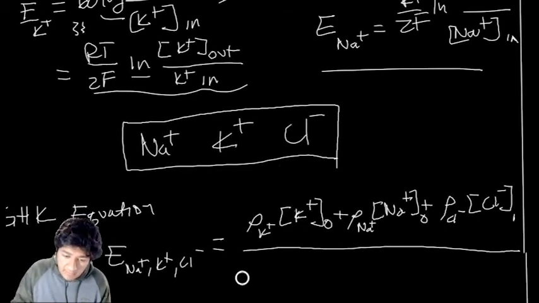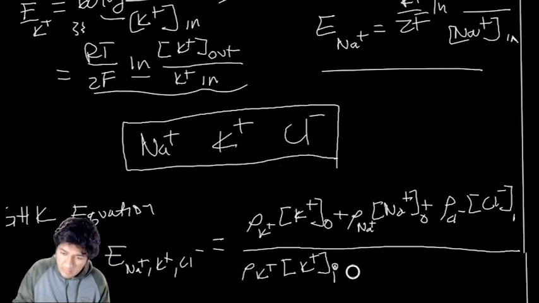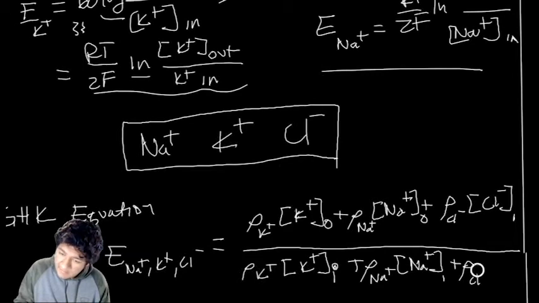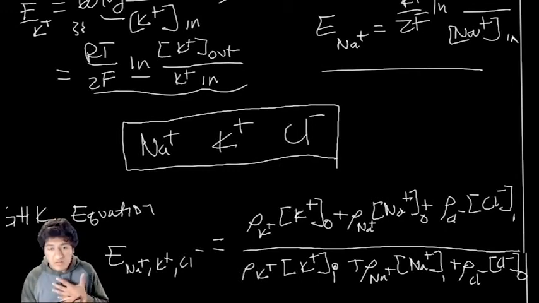All over the permeability of K+ times concentration inside of the cell, plus permeability of Na+ times concentration of sodium inside of the cell, plus finally Cl- permeability times Cl- outside.